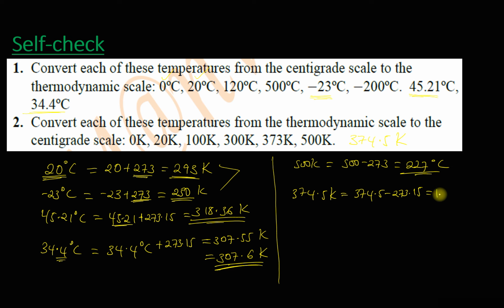This gives me 101.35 degrees Celsius, but because they gave us one decimal place, this will round off to 101.4 degrees Celsius, and this will be the most appropriate answer to that question. And so many others, you can try to check them, or you go through the solved past paper questions.